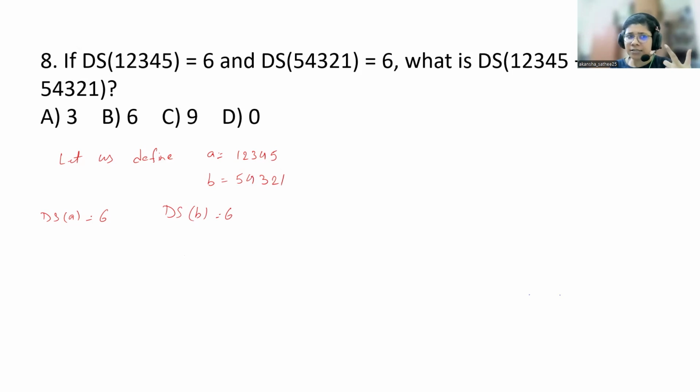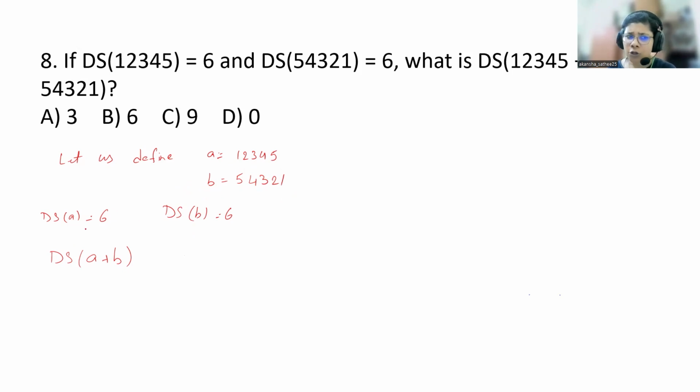We have already seen such a question. If you change the order, digit sum does not change. So you have to compute digit sum of A plus B. One way is to add these two big numbers and then compute the digit sum. But that will be difficult because of big numbers.